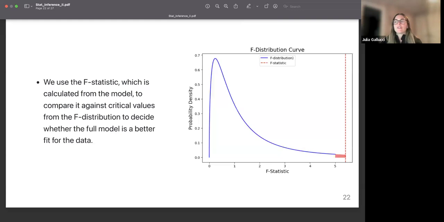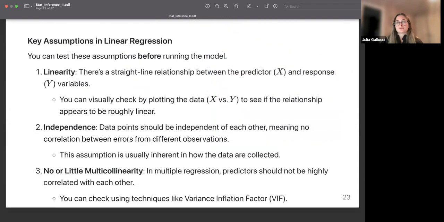If the F statistic falls within this critical region, it means that the full model is significantly better at explaining the data than the simpler model. However, if the F statistic falls outside of this critical region to the left, we don't have enough evidence to reject the null hypothesis. And here we would conclude that the full model does not significantly improve our ability to predict house price. So we would fail to reject the null, in other words.